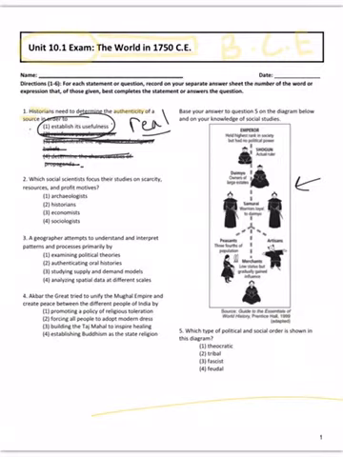Okay, number two. Let me switch back to my highlighter here. Which social scientists focused their studies on scarcity, resources, and profit? We did a lot of questions like this before. When we see the word scarcity, we're talking about not a lot of stuff. Resources, things that you have, and profit means money.